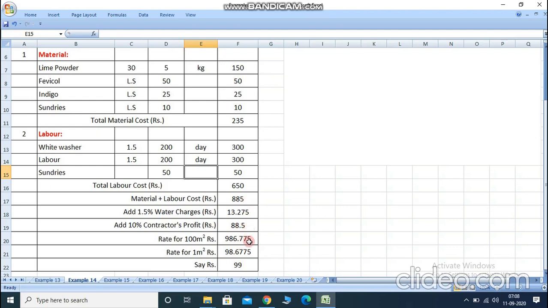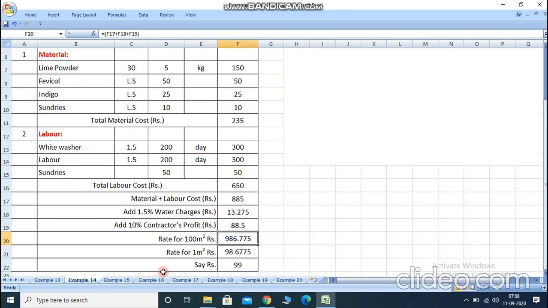For 100 square meters, the summation of the material cost plus labor cost plus 1.5% water charges plus 10% contractor profit gives a total amount for 100 square meters of whitewashing 3 coats of 986 rupees 77 paise.